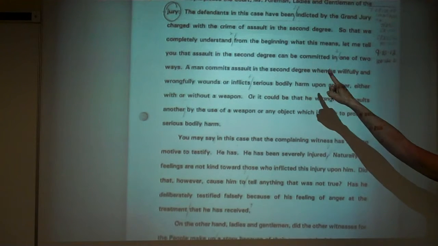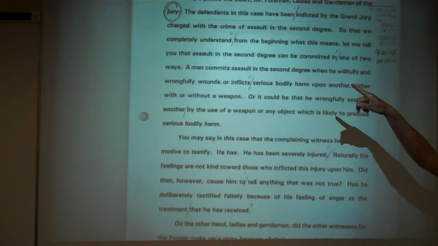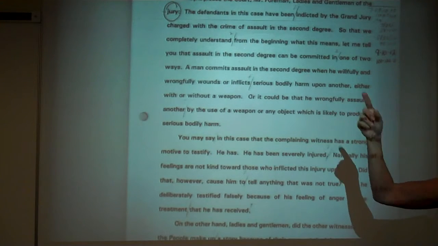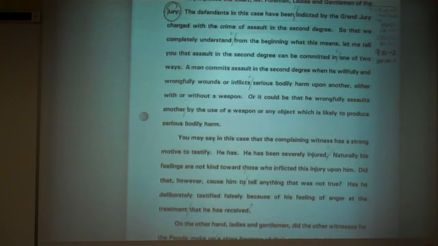Well, when you do, may it please the court, Mr. Foreman, ladies and gentlemen of the jury, colon. But they changed the words to protect the innocent. And there again, you see gentlemen capitalized. You know, you could probably do it both ways, but just be consistent. I, myself, have not done it that way.